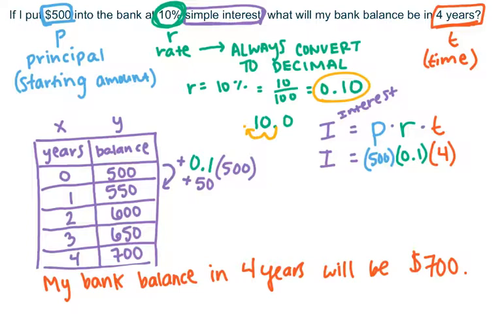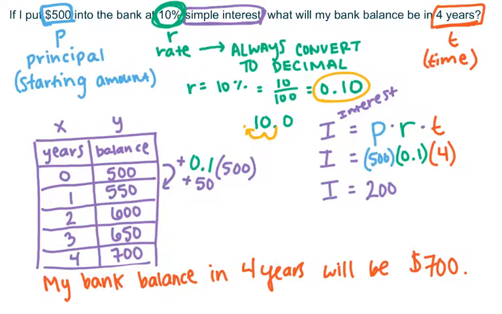You can calculate that in your calculator: 500 times 0.1 times 4. When you multiply this, you get 200.